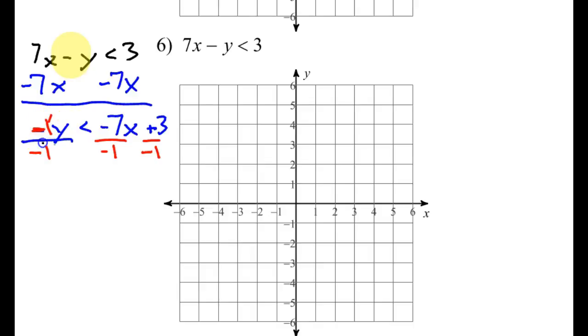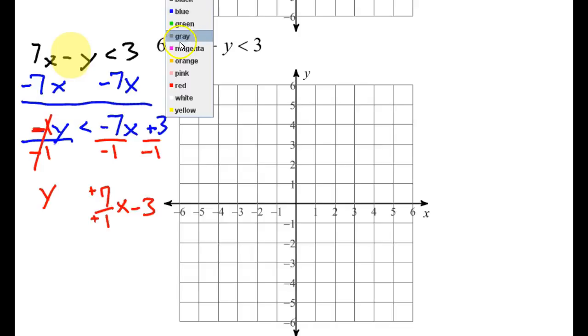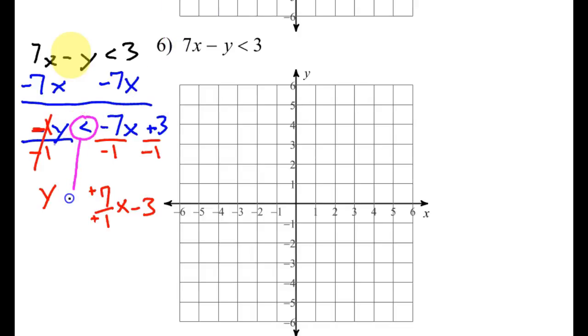Negative over negative is positive. -7 over -1 is positive, 7 over 1, both positives. Positive 3 divided by negative 3 is negative 1. But the one that sometimes eludes us is that it's only for inequalities, that you have to switch the shading.